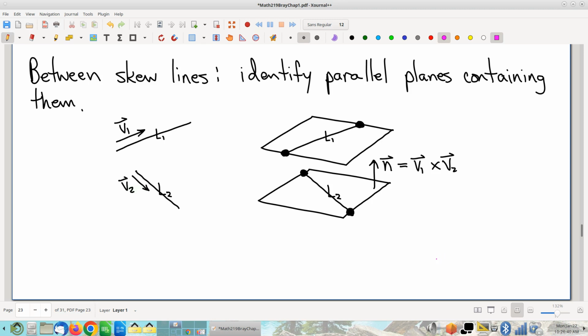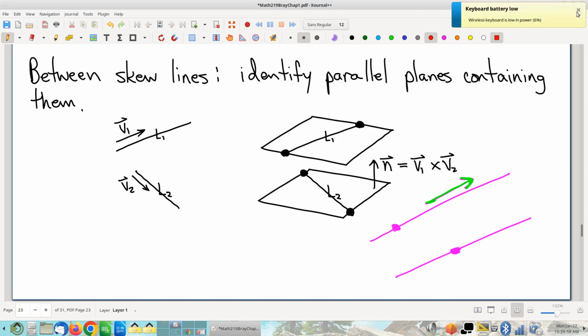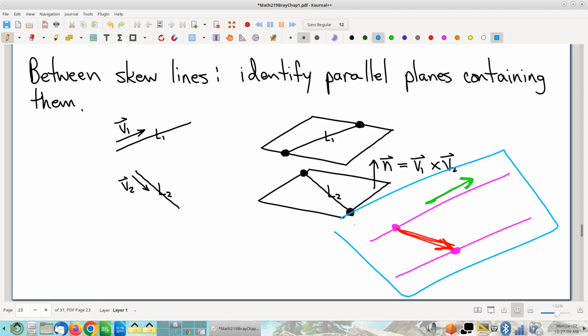What I would do with two parallel lines, and presumably I have points given in these parallel lines, and presumably have a direction vector parallel to these parallel lines. I would then say, okay, well, I've got the one vector, and I also have this difference vector here, right? And then I can cross them, and that'll give me a normal vector for a plane containing both.